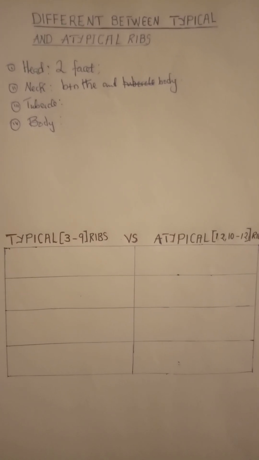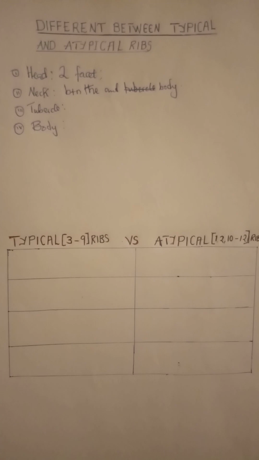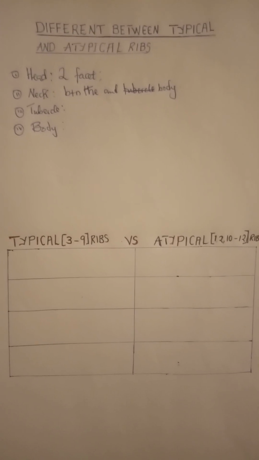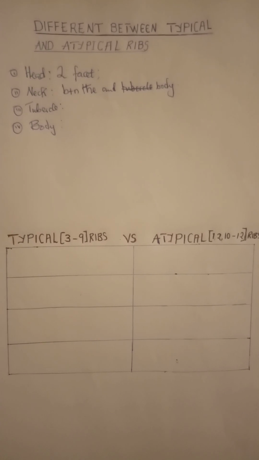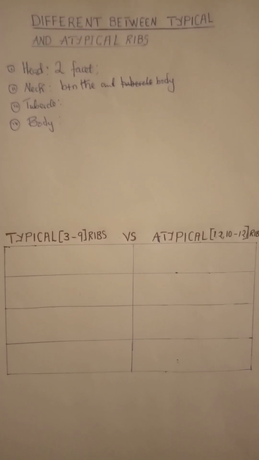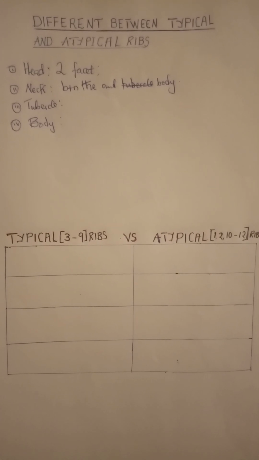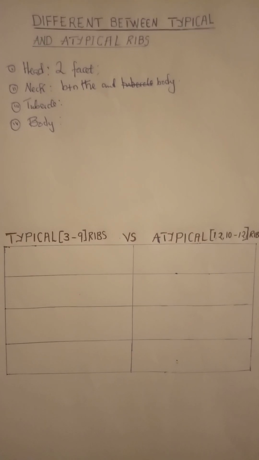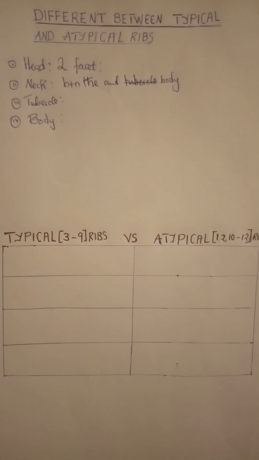before we highlight the differences between typical and atypical, we need to understand the main characteristics of the typical and atypical ribs. So let's start with the typical ribs. What things do these have in common? When you talk about the typical ribs, they are similar.